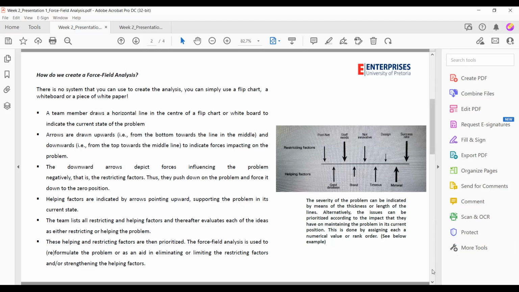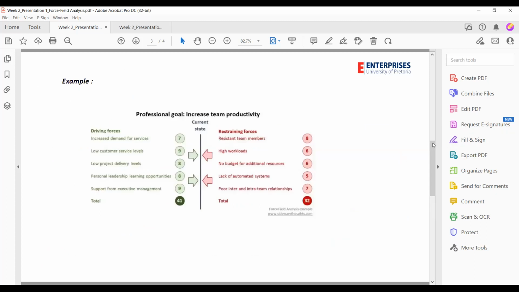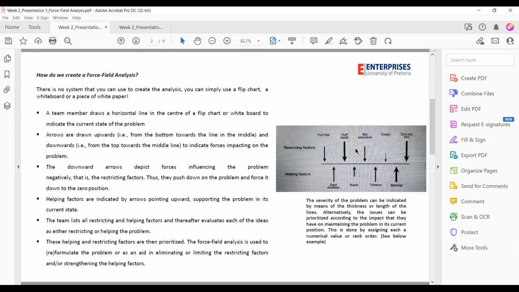And I've given an example here. So this is how they indicate the impact of the problem by numbers. And the arrows, it's the severity of the problem. That's when you are checking the severity of the problem, and this is when you are checking the impact of the problem.